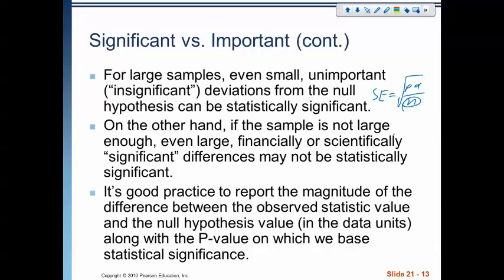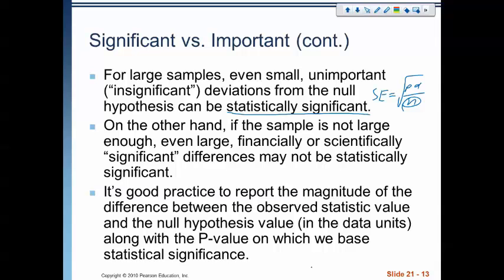So if we have a really large sample size, we could find that even the slightest deviation from the null hypothesis might still be statistically significant. Again, statistical significance is only as good as the sample and the alpha value that we have set.